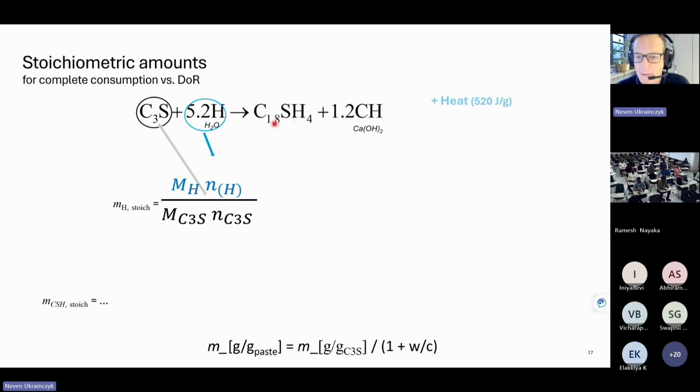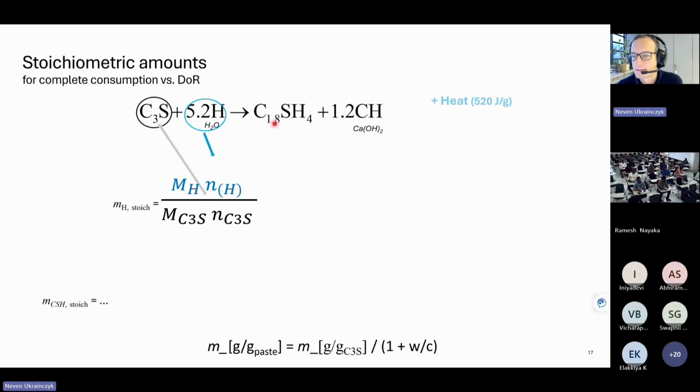Mostly it's taken to be 1.7, 1.8. It also depends if you have pozzolans, of course, this would be lower. It depends on the amount of calcium to silica you have in your clinker. So now you can write, I think this equation is easy to write, if you define the calcium silica ratio.